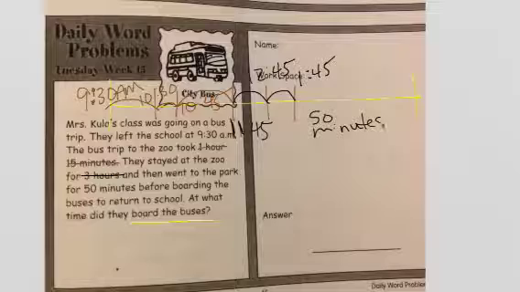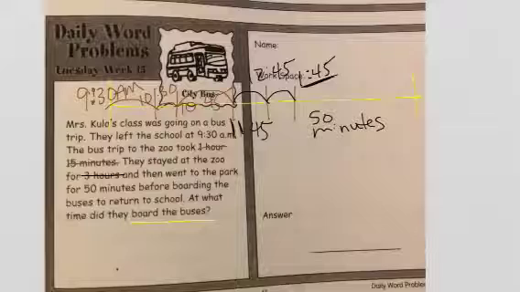Then they went to the park for 50 minutes before boarding the buses. So now my last jump is just going to be those 50 minutes. So from 1:45, that 50 minutes should give me the time they boarded that bus back. All right? So I know I'm at 1:45 now. Think about what that 50 minutes would be.